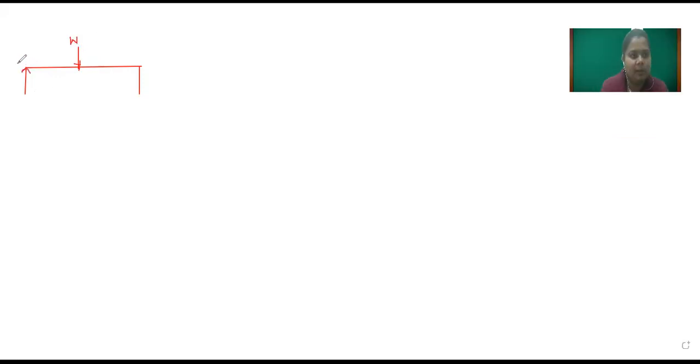W is applied, this is support A, this is support B. This distance is L by 2 and this distance is L by 2. So I will extend the lines first, then we will solve the problem.